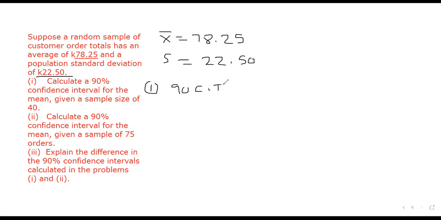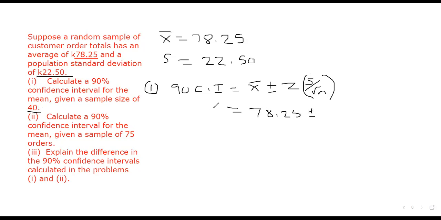Can somebody lead us through? Let's go through where the sample size is 40. What is the formula? What formula we're going to use here? X bar plus minus Z standard deviation over root of n. So here our mean is what? 78.25.